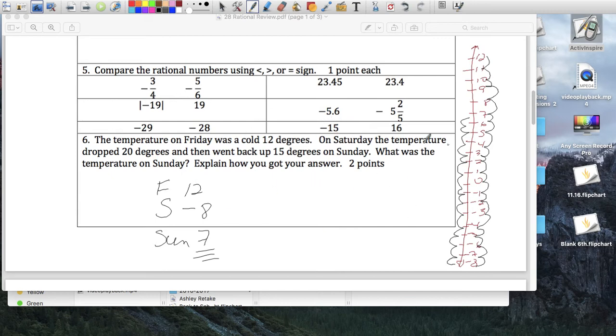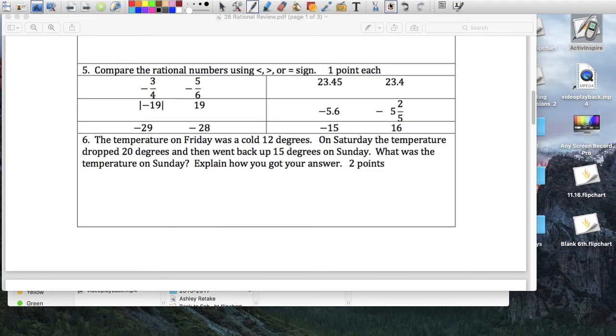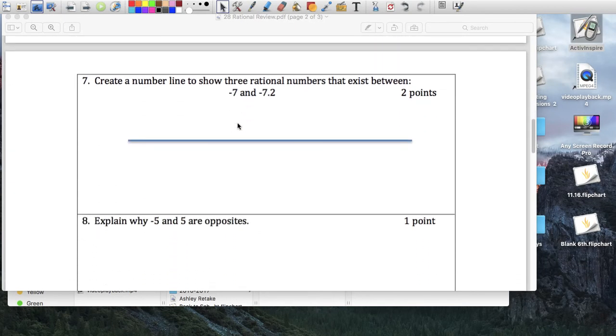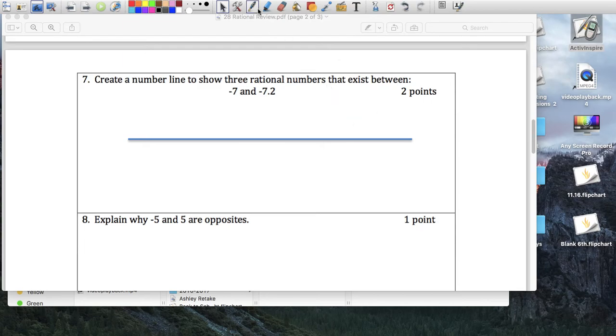Okay. And you can explain this using a diagram or with words, however you decide to. So create a number line and then put these two numbers on the number line. So if that's 0 somewhere over here, this would be negative 7. And you can make this negative 7.2. So give it a lot of room.